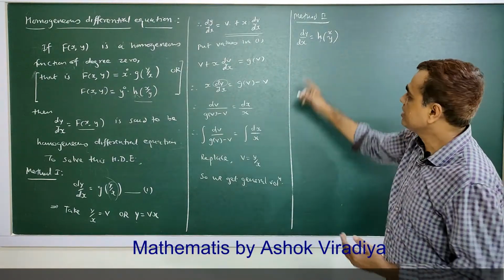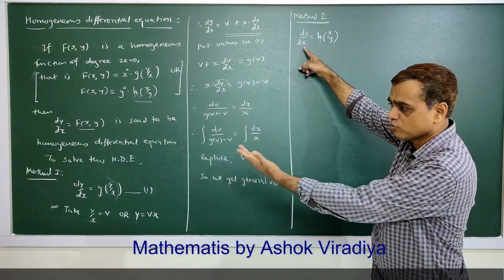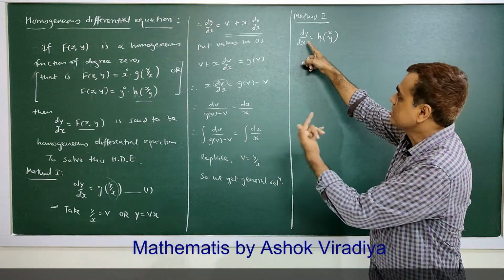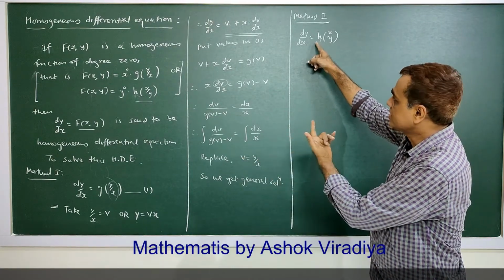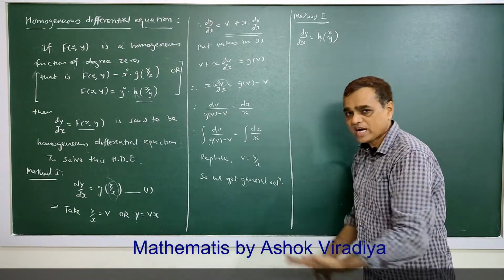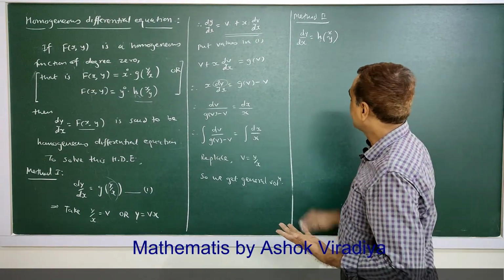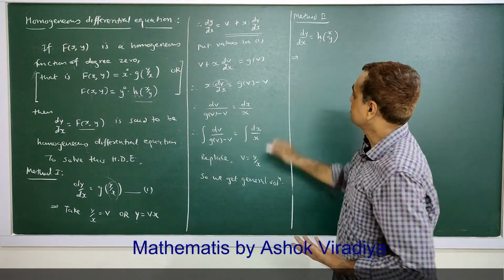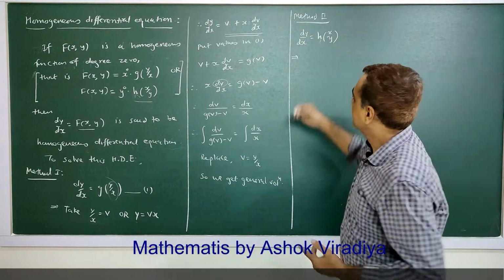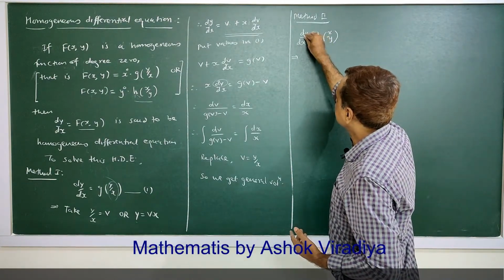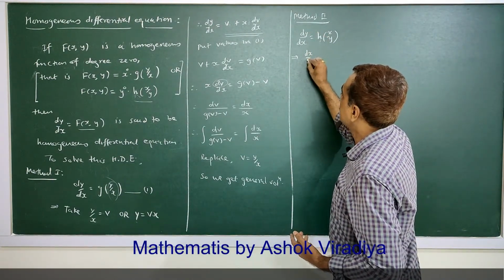whenever you are given a homogeneous differential equation where dy by dx is a function of x by y, then to solve this equation, you take the reciprocal and convert this into dx by dy.